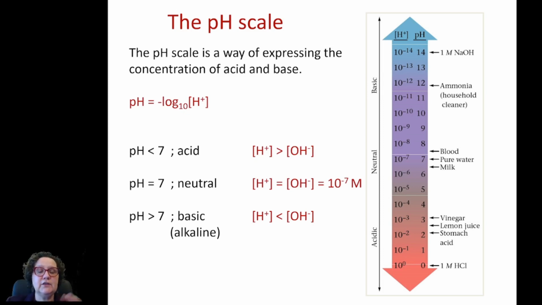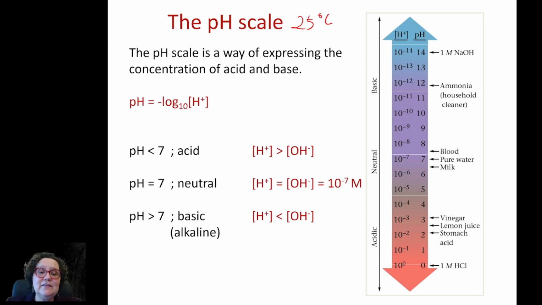So we define that at 25 degrees, again, it's all based on this 10 to the minus 14. At room temperature, a solution that we consider neutral, with the same number of hydrogen ions and hydroxyl ions, has a pH of 7. So pH 7 is neutral.